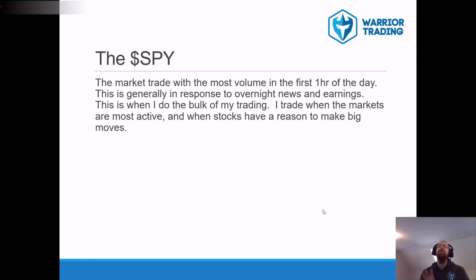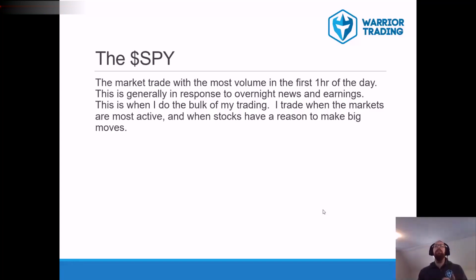Now, I don't put a lot of emphasis on the SPY. The S&P 500 is a composite of huge companies. None of those companies are under $1 or under $10 a share. Those are not the type of stocks that I would day trade. And I've actually found that I usually do better when the market is down slightly than when it's up more than, I think, 1.5%.